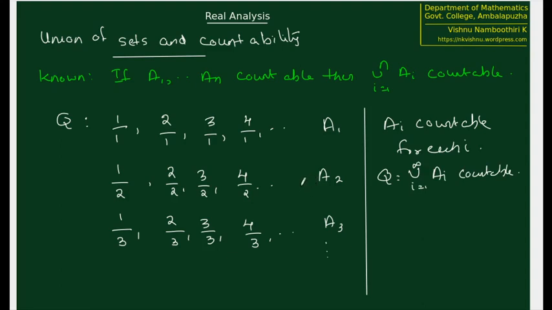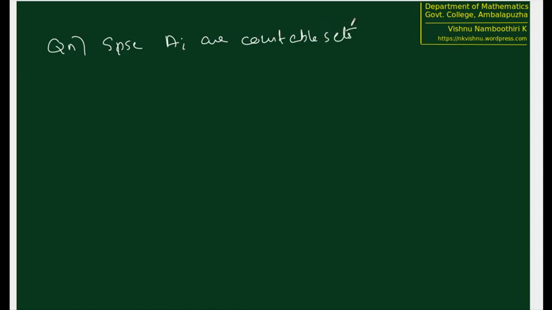So motivated by this example, probably we may ask that if A1, A2, etc. are all countable sets, and suppose that there are infinitely many such sets, countably many such sets, then the union is also going to be countable or not? That is a question that we are going to ask now. So the question is the following: suppose that we have A1, A2, or Ai are countable sets where i equals 1, 2, etc. There are infinitely many.